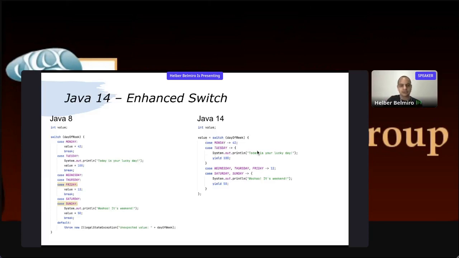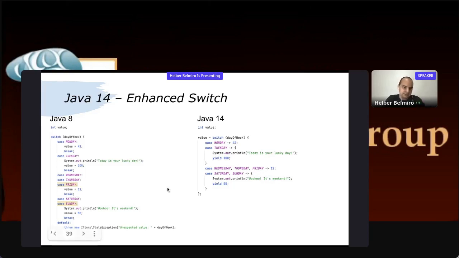In case of Tuesday, I'm printing "today is your lucky day", and you can see this new word here, it's like a return from the switch. The variable value will have the content 100. In case of Wednesday or Thursday or Friday, it's 12. In case of Saturday or Sunday, I will print "woohoo, it's weekend", and I will assign 50.